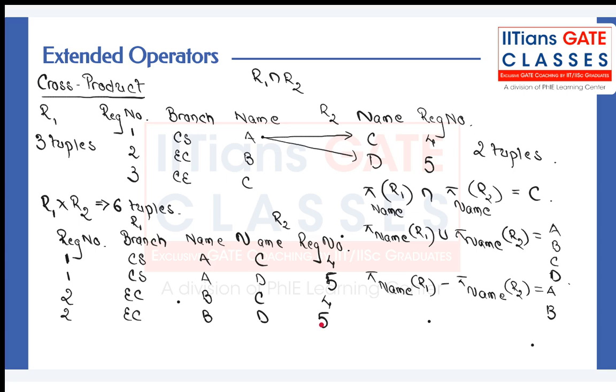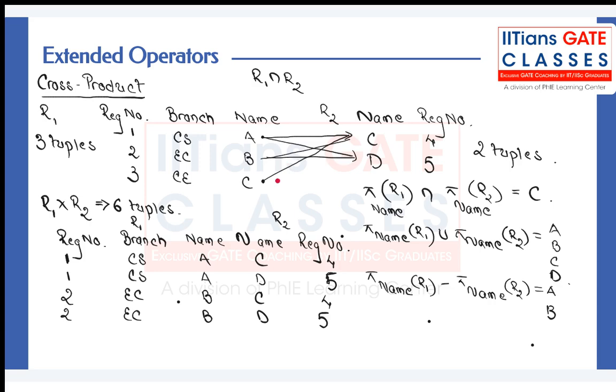Can anyone give me an example of the fifth tuple? What should be the fifth tuple? Anyone? So I combined the next one as B and this. Now I have to combine the third row with the first row of R2, and the third row with the second row of R2.